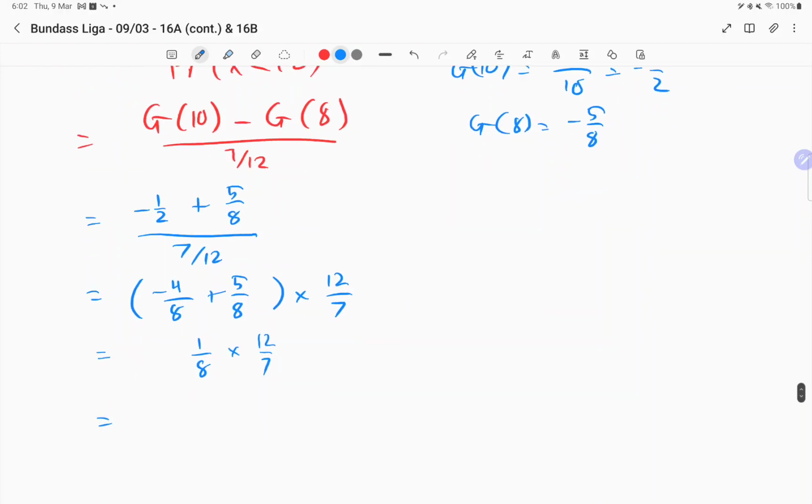No, you don't multiply straight away. When you simplify, divide by 4, so that would be 3 and that would be 2. So that would be 3 over 14. Much easier. You don't need to simplify 12 over 56, that takes longer. So before you multiply, always simplify your fractions first. So that's my working.